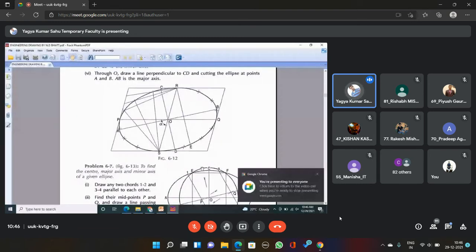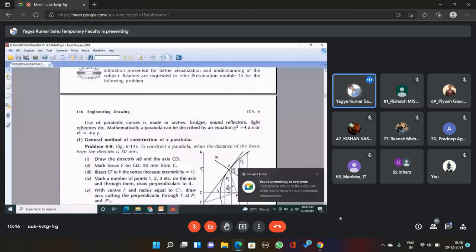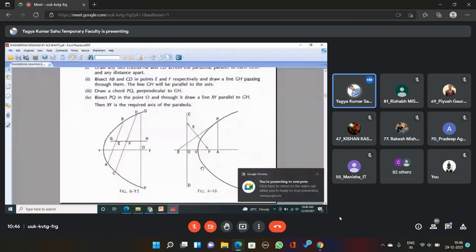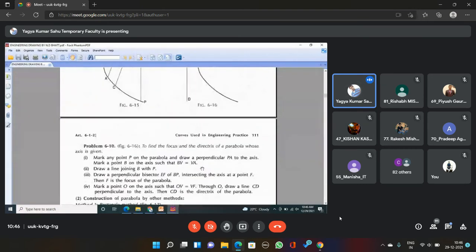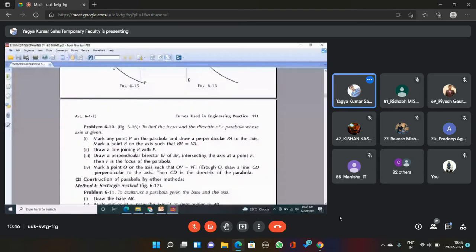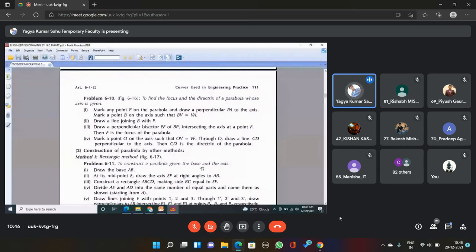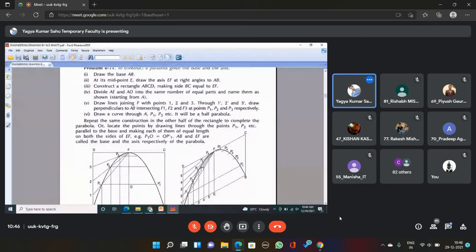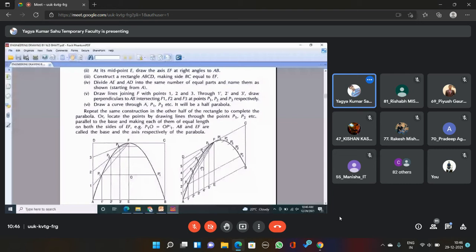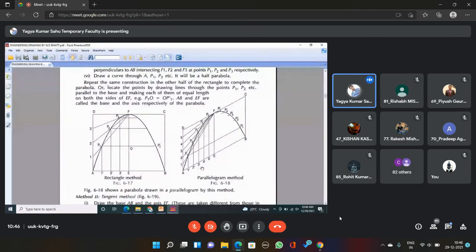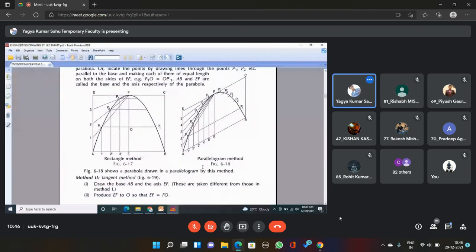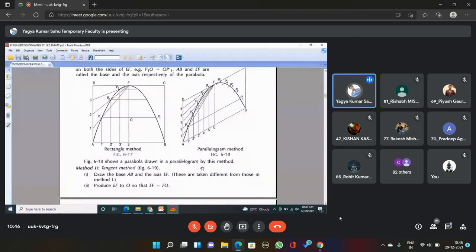The application of these curves you can see in the tooth profile of dial gauges and gears. Do you know tensile stress and shear stress? Yes, sir. While designing gears, tooth profiles, and dials, we need to calculate these forces, shear force and tensile force.